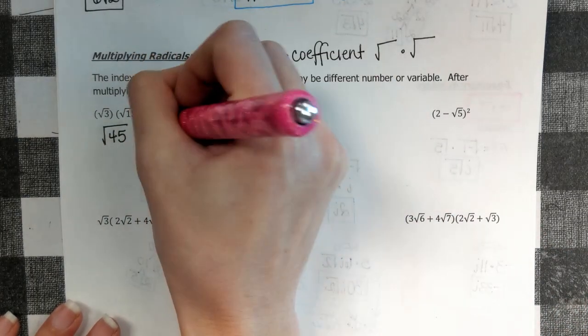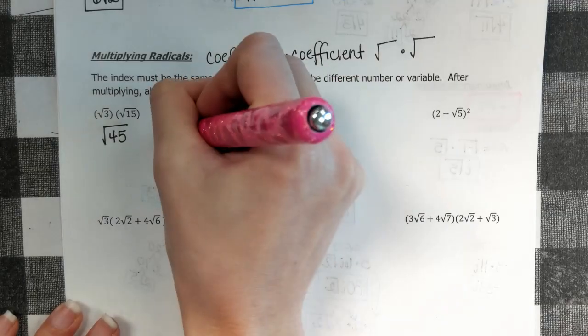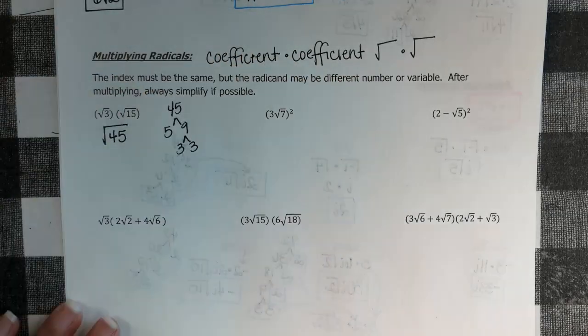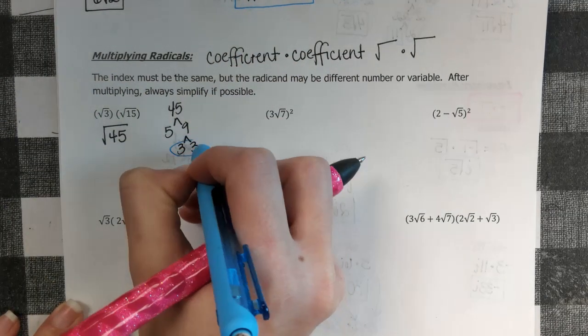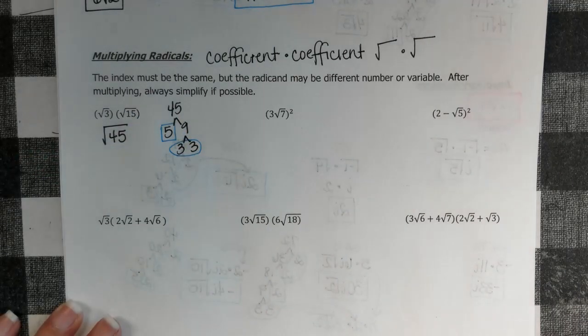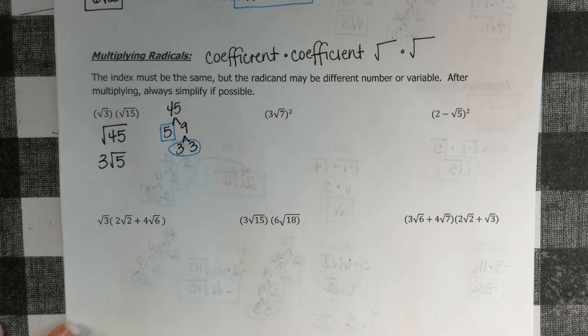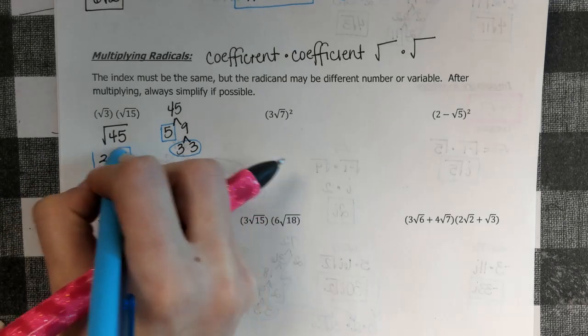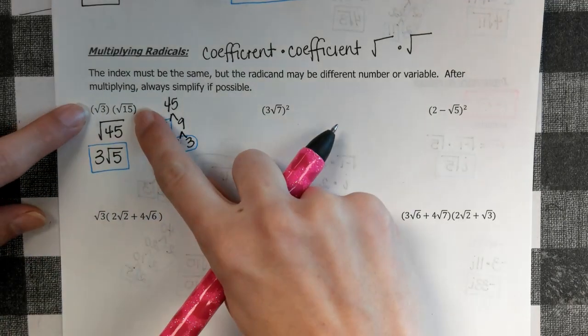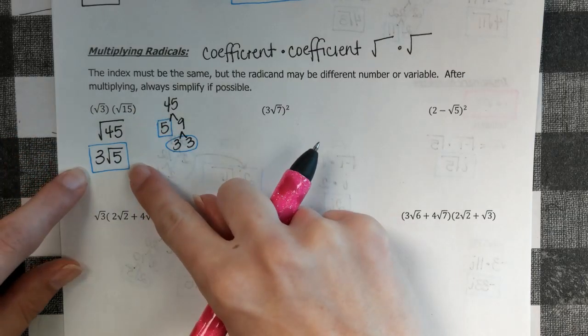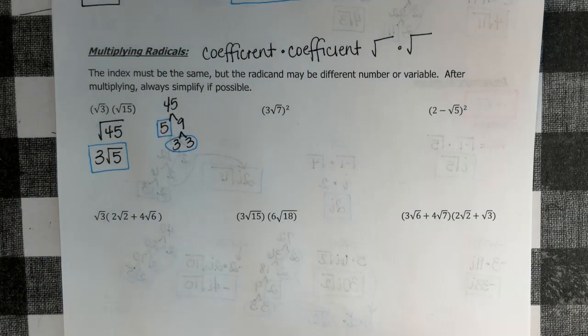Okay, 45 can split into 5 and 9. 9 splits 3 and 3. So it leaves me with 3 with a 5 left over. So 3 square root of 5. And again, type this in your calculator, get a value, type your answer, get a value, make sure they match.